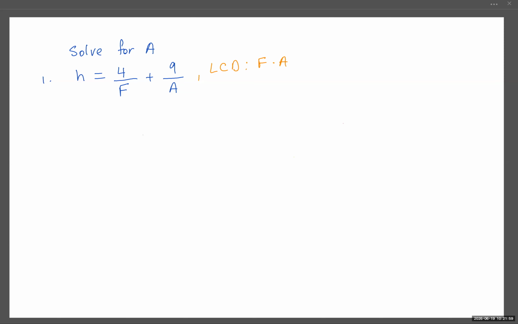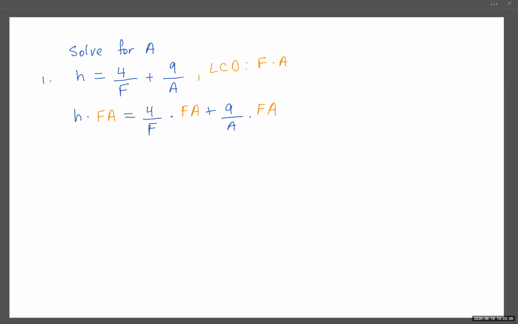So let's go step by step. H times the least common denominator, which is f a. Then it equals 4 divided by f times the least common denominator, which is f a. Then we add 9 divided by a times the least common denominator, which is f a.